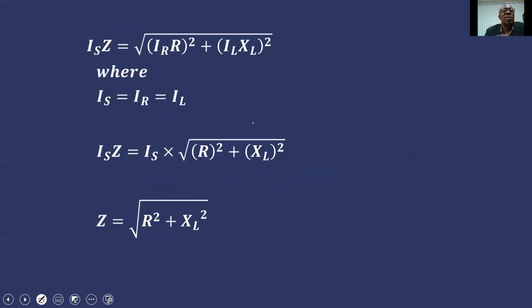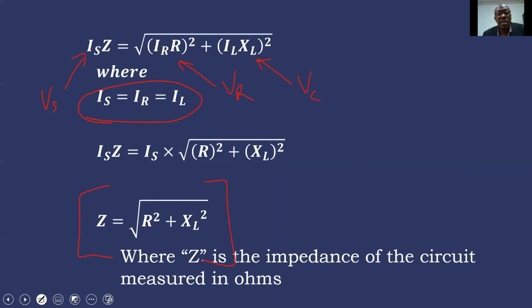This would be Vs, this is VR, and that would be VL. Because we're dealing with a series circuit, all the currents are equal. So we simplify the expression for Z, and we're introducing a new term, Z, which represents the impedance of the circuit, and it is also measured in ohms.